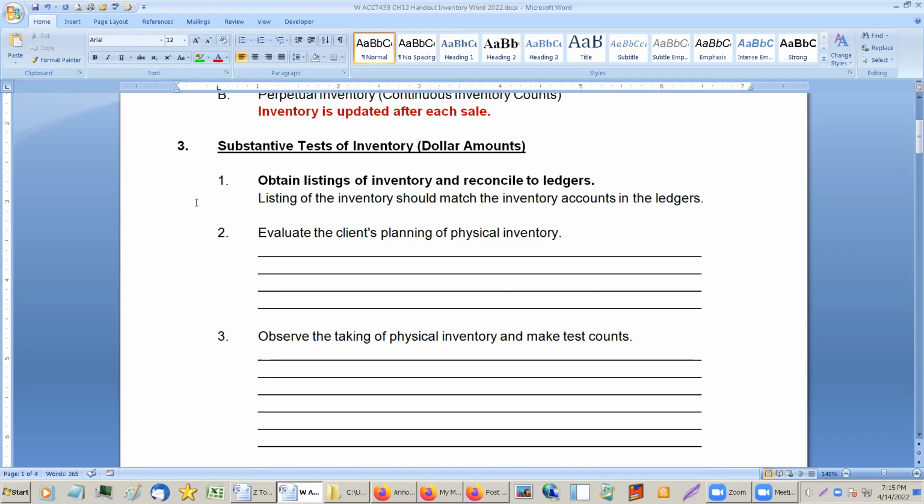Yeah, actually, I got a funny story on this one. This is one of those things that should take like 5 minutes maybe. Get the listing of the inventory. You might have one or two things to look at, but usually it's not that big a deal.